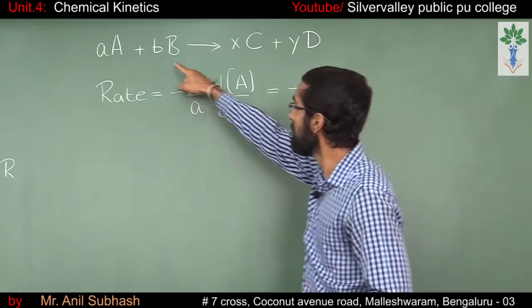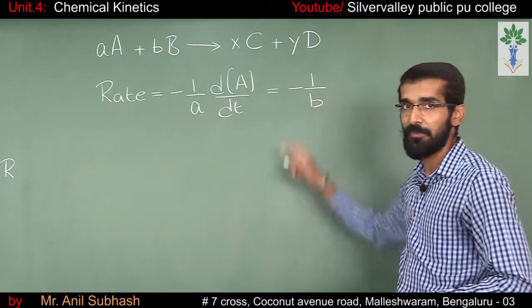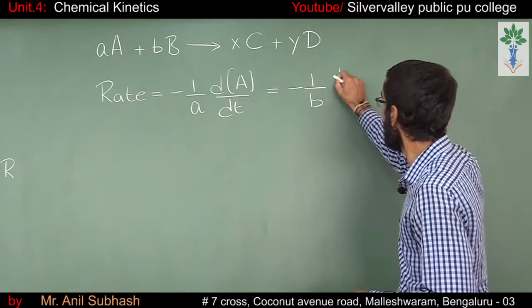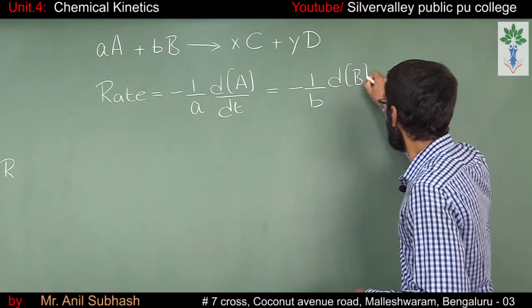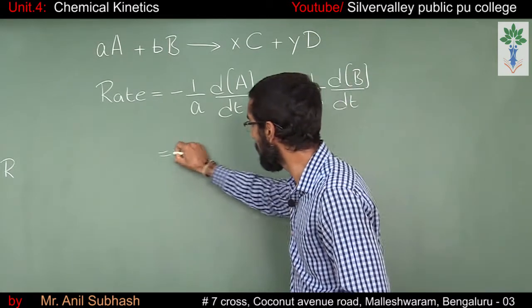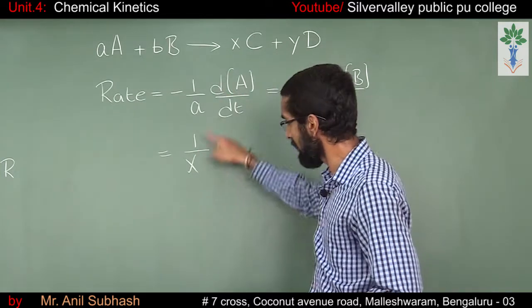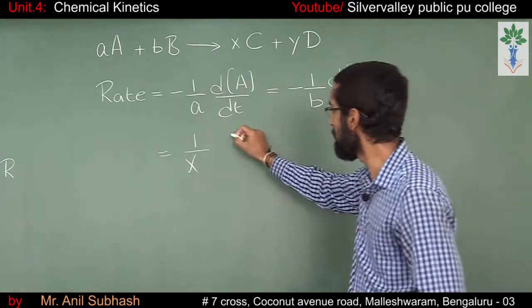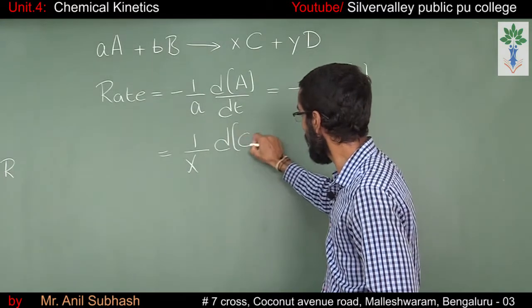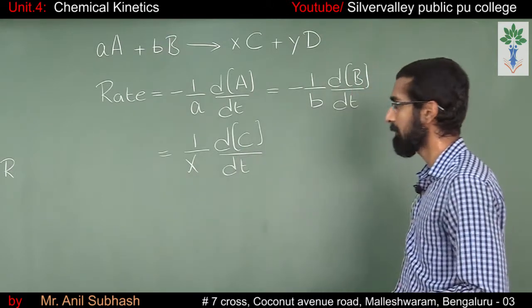I have taken the coefficient as the reciprocal. The negative sign indicates that B is also a reactant: dB by dt is equal to 1 by X, where the coefficient is taken as the reciprocal, times the change in the concentration of B in a small interval of time dt.